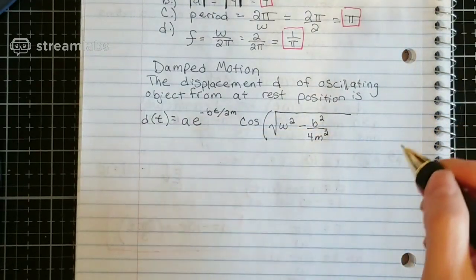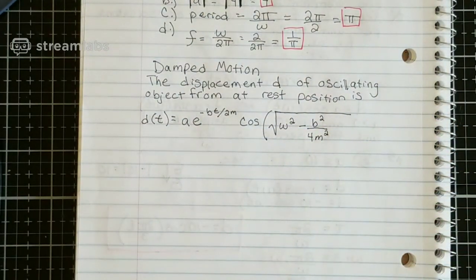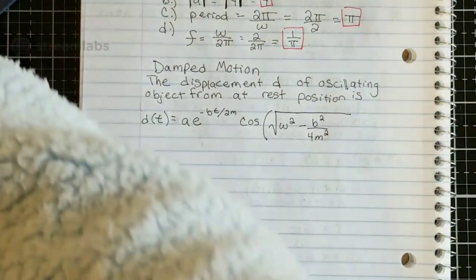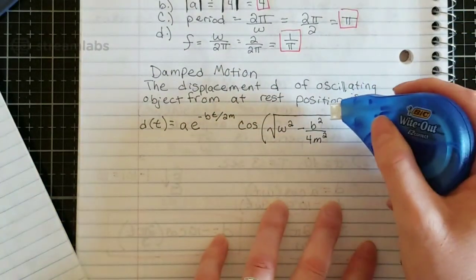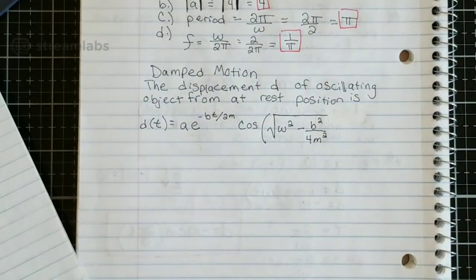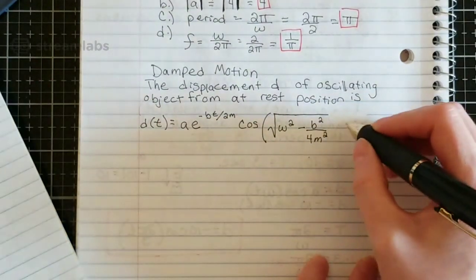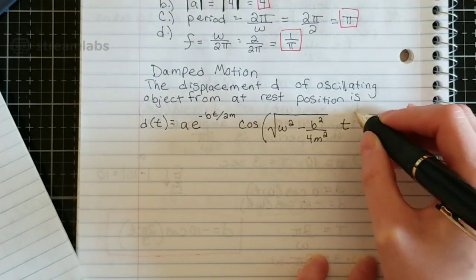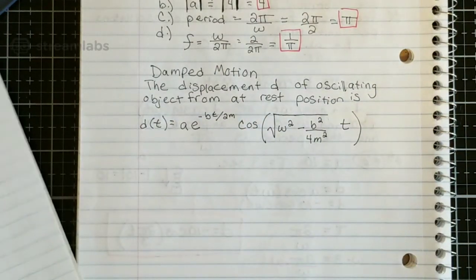And then on the outside, I think that T is outside of the square root even. Yep. Okay, so I went a little nuts with my square root sign, so I'm going to drop that back a little bit. This T is outside of the square root.